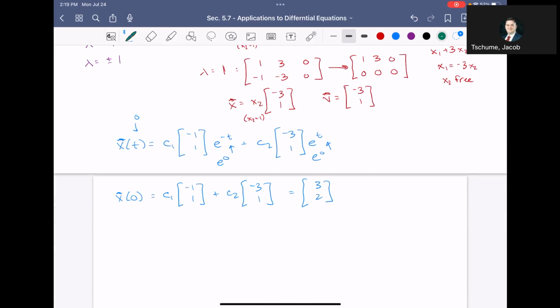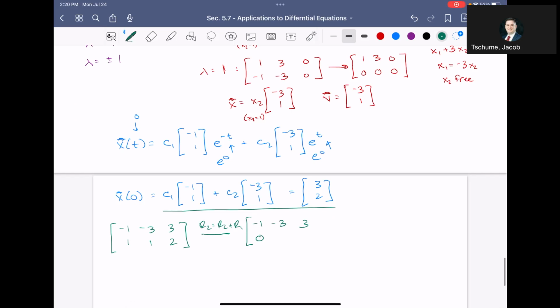As you can see, once again, this is a vector equation that we can solve by setting up an augmented matrix. My augmented matrix will be negative 1, 1, negative 3, 1, 3, 2. So let's see. I'm going to take row 2 and add row 1. So the top remains the same.